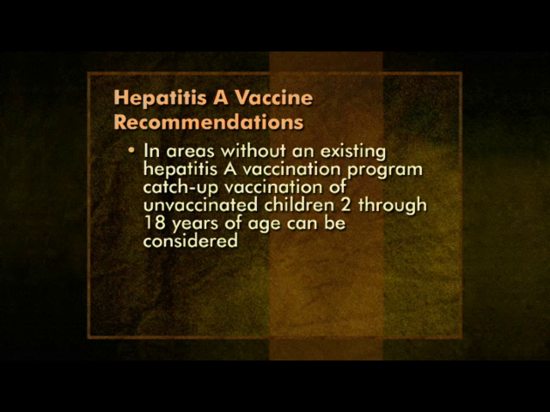In areas without an existing hepatitis A vaccination program, catch-up vaccination of unvaccinated children 2 through 18 years of age can be considered. ACIP does not recommend a routine catch-up vaccination program. However, such programs might be warranted in the context of rising incidence or ongoing outbreaks among children or adolescents.